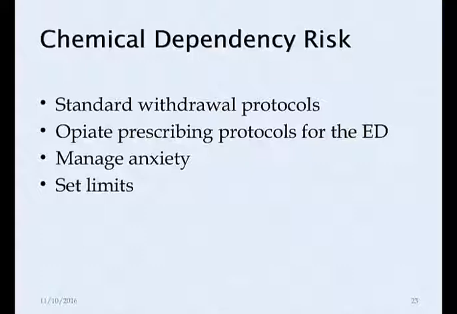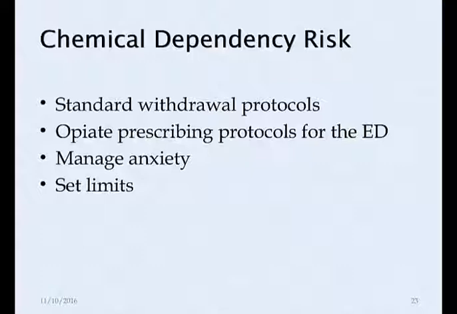So we need to have standard withdrawal protocols for alcohol, particularly, and benzos, and opiates. Because if we do, then we can manage the patient safely and they'll be comfortable, which will then minimize their risk.